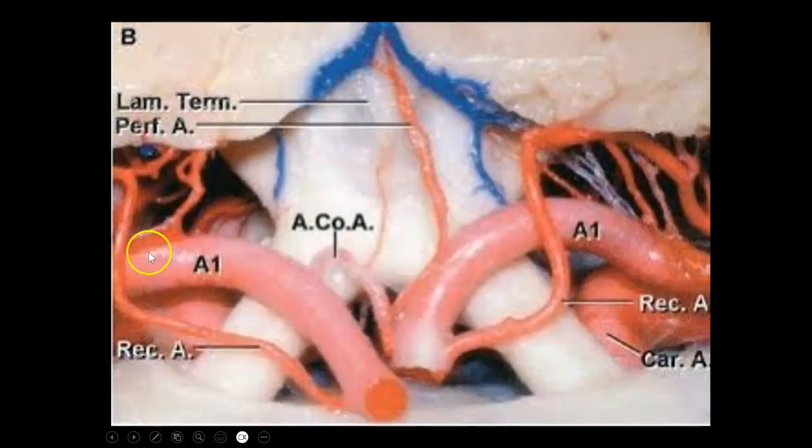Because at the bifurcation the A1 comes from lateral to medial, but this branch arises from the medial part of the anterior cerebral, the distal A1, or most commonly from the proximal A2. Then it goes back from medial to lateral to reach the anterior perforated substance. So that's why they call it the recurrent artery of Hubner. A very important artery you cannot sacrifice.